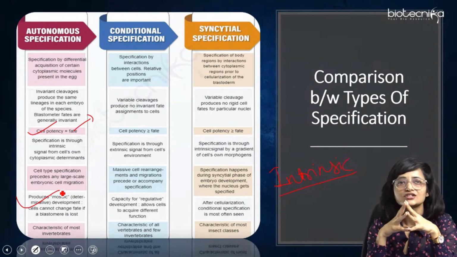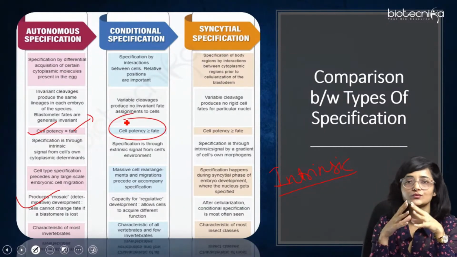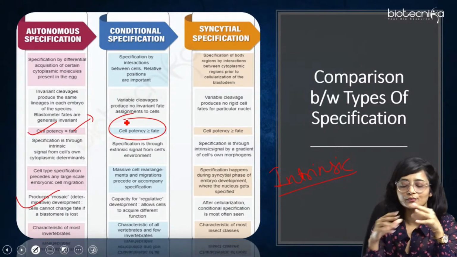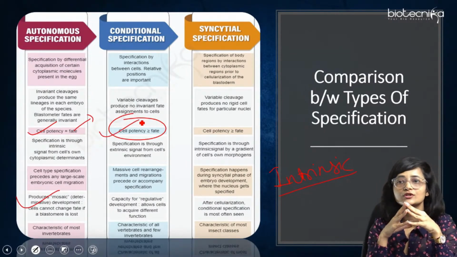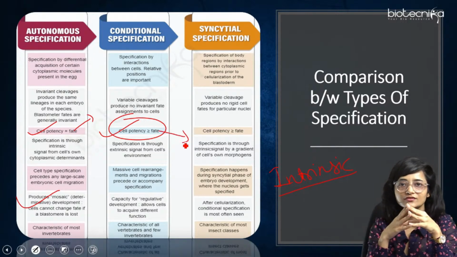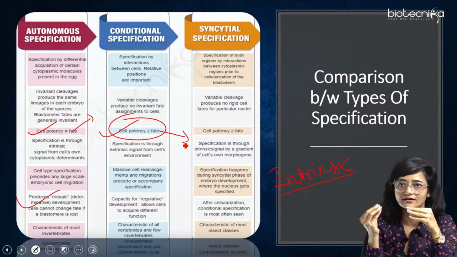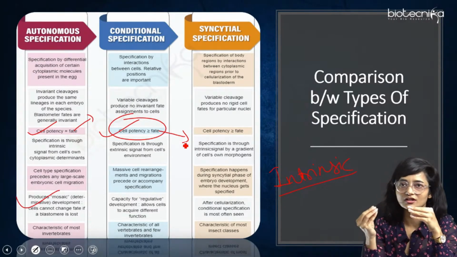And it interacts with the environment, and it says that variable cleavages produce non-invariant fate assignments to the cells. And here the cell potency is greater than or equal to its fate, right? So whatever fate the cell wants to achieve, its potency would always be greater than or equal to its fate in the case of conditional specification.